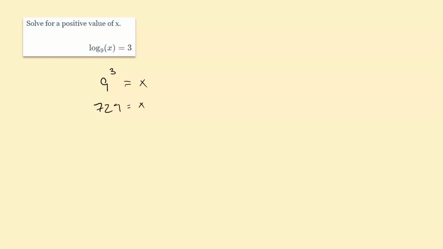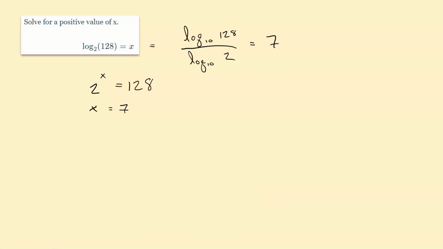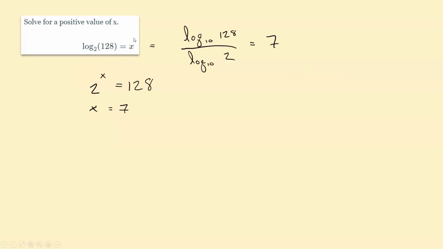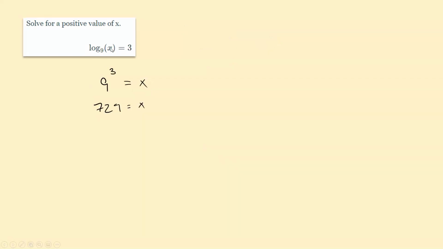So 729 would be your final answer for this one. All right, so those are the three different things you can solve for logarithms. Either solve for the base, like this one, solve for the exponent, like this one. These are similar to the ones we did yesterday, or solve for the argument, like this one.